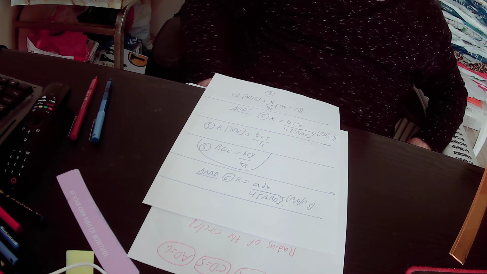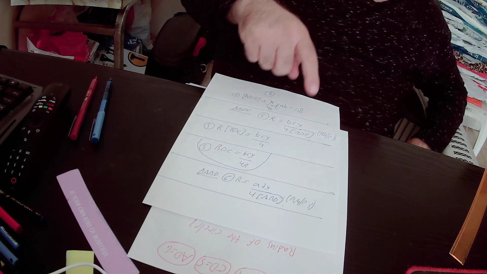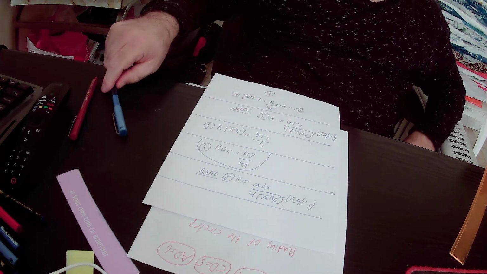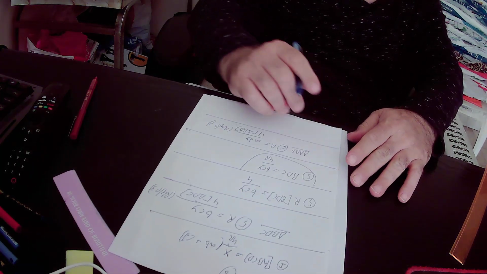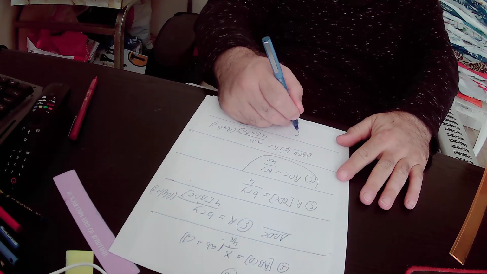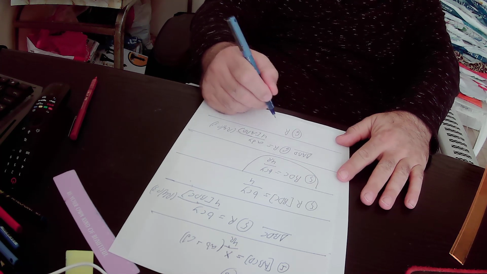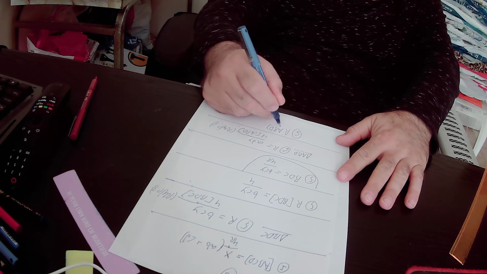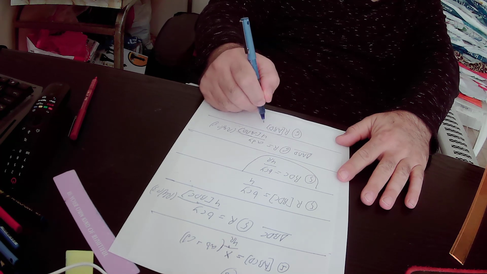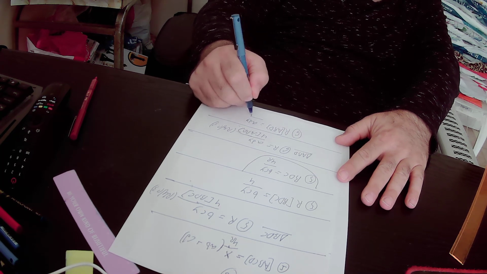Here we will multiply equation number 6 by the area of triangle ABD, and we will get that R times the area of triangle ABD equals ADY over 4.